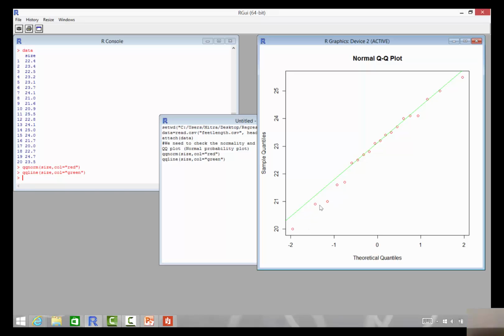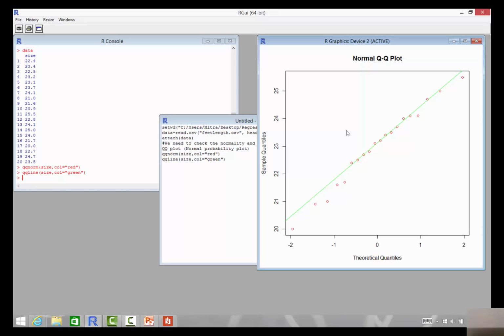That means the normality assumption is satisfied, and there are no outliers. If outliers are there, a point would be somewhere here or here. So this is a pretty good plot.